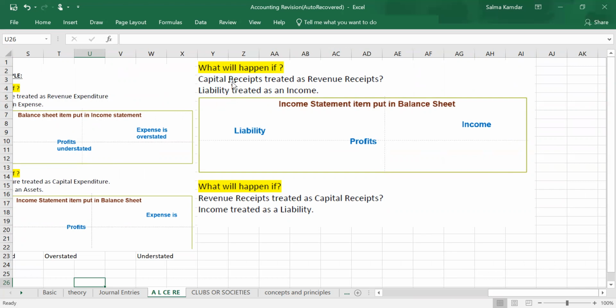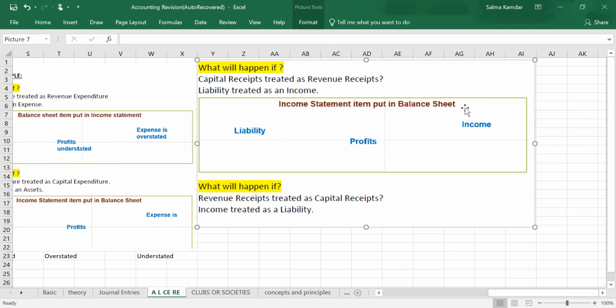So liability would be understated, and income would be overstated and profits would be overstated.